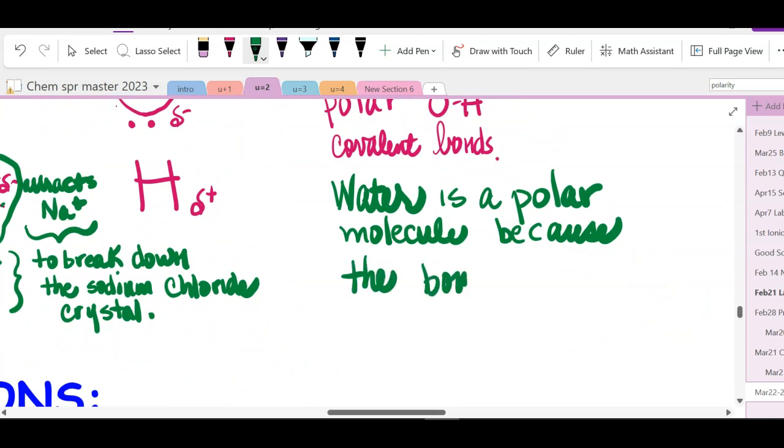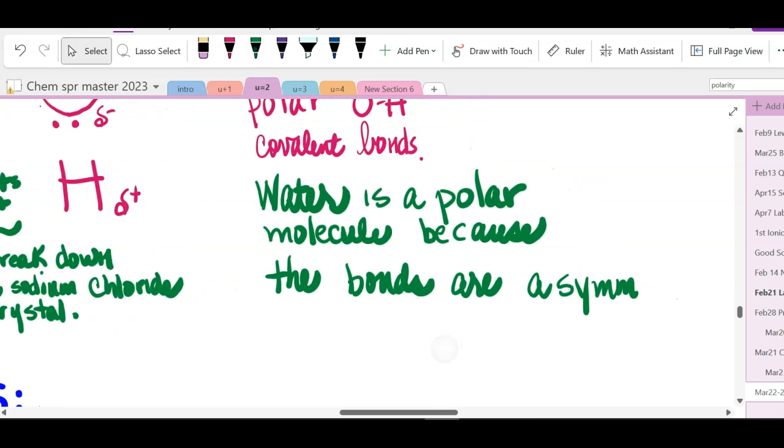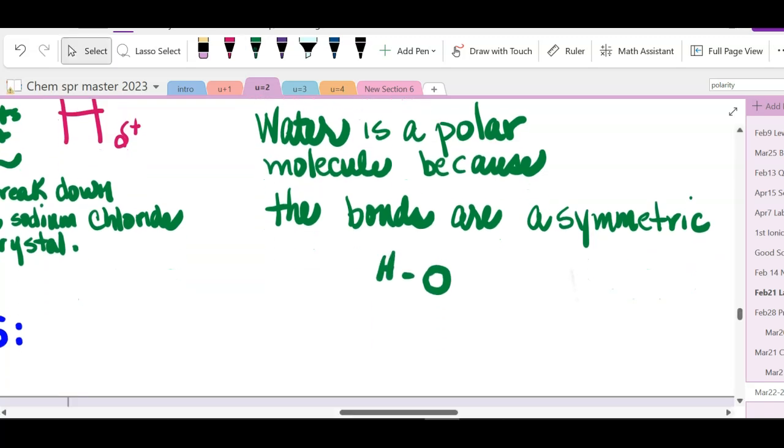The bonds are asymmetric. And I'll show you what I mean by that again. So oxygen, and remember how these were not going different directions.